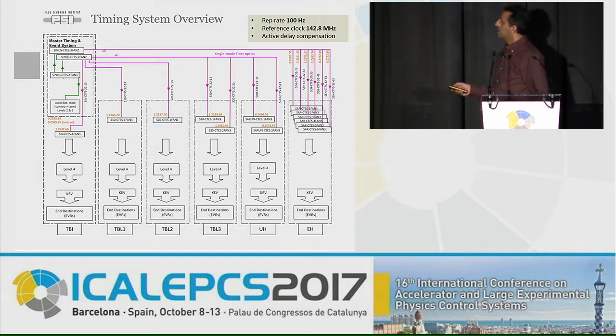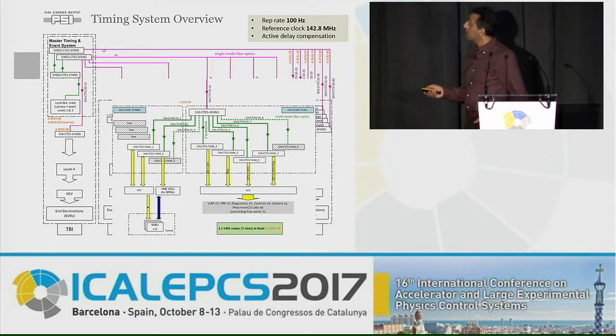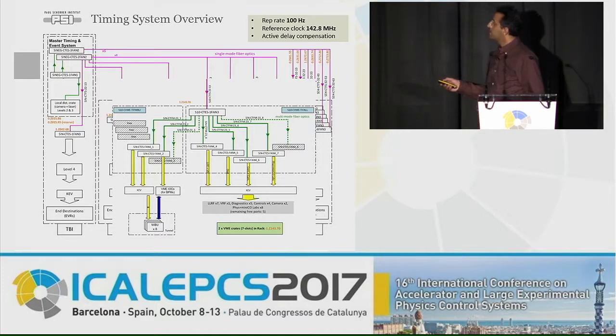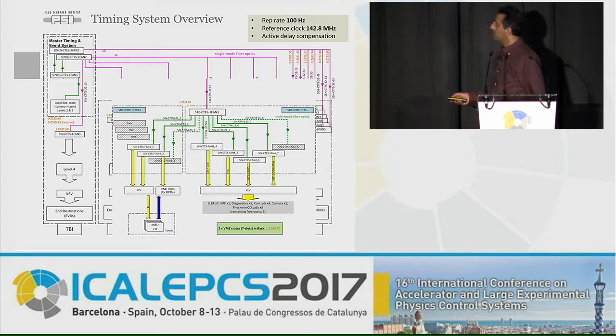In each subsection of the machine, and also in beamlines and experimental stations, we have local distribution systems. The single mode fiber arrives at the local distribution, and then we go with multi-mode fibers to the next level of distribution, and finally we end at event receivers.